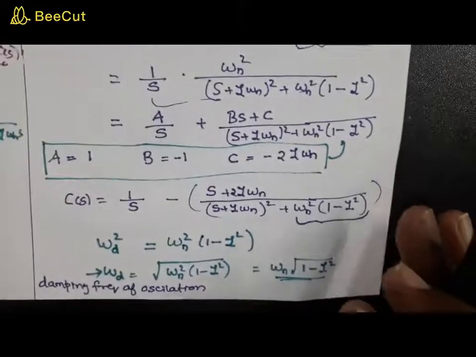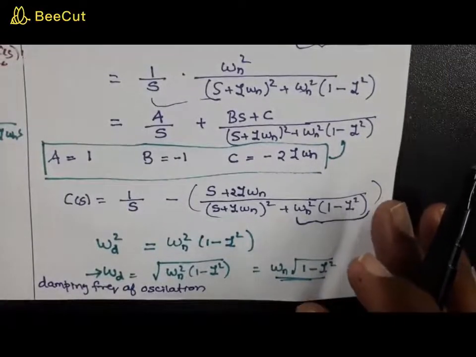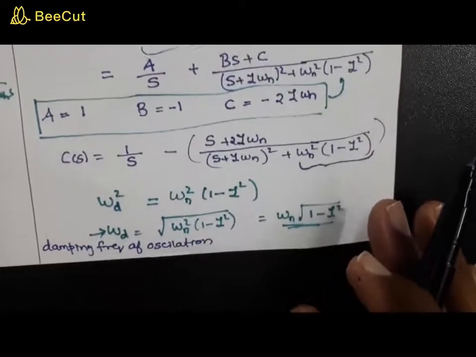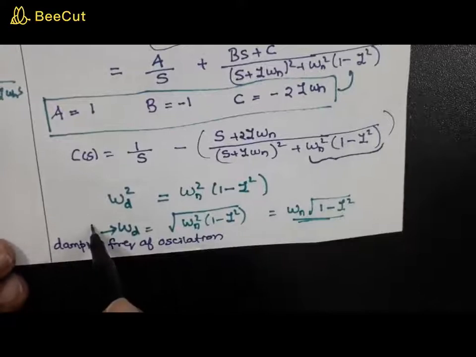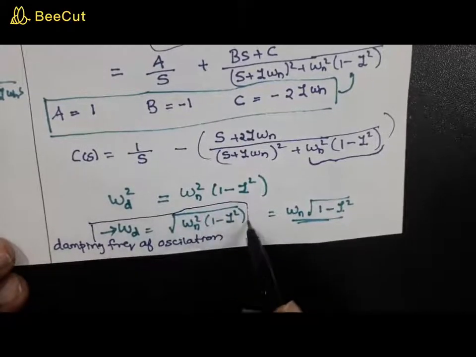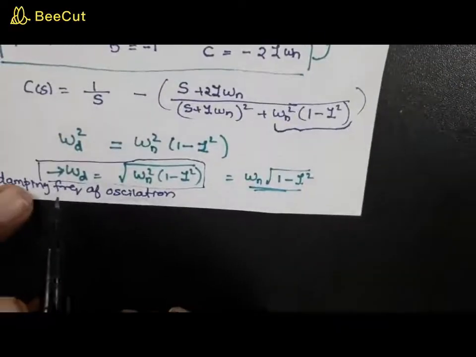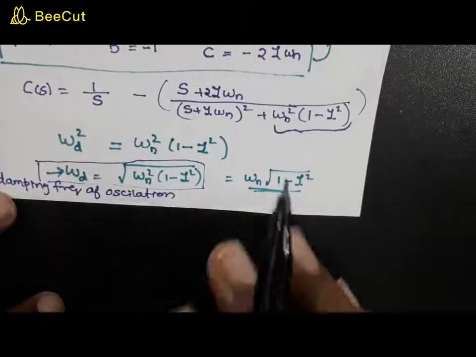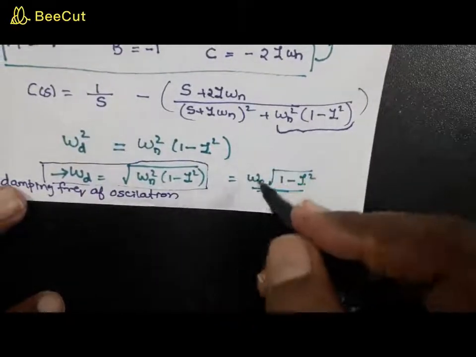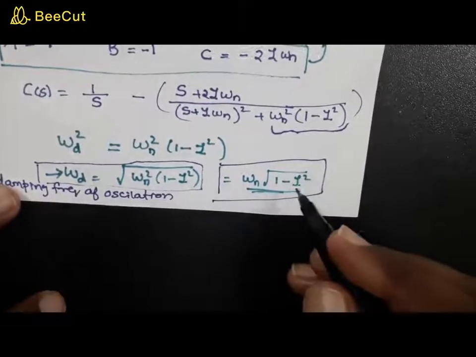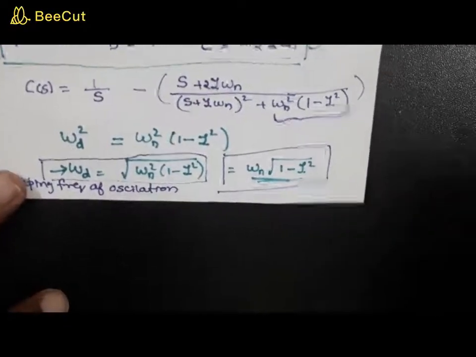As far as a stable system is concerned, our main objective is to reduce the chance for the system to oscillate. So this parameter is a very important parameter as far as a second order system is concerned. And I again repeat, this omega d is what is called the damping frequency of oscillation, and that is given by omega n into root of 1 minus zeta square.